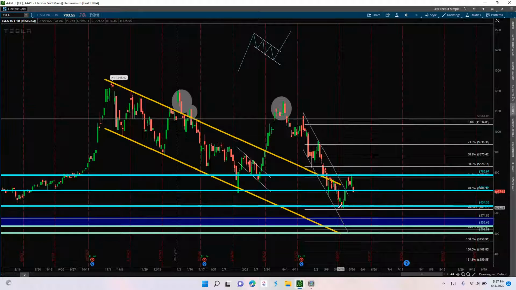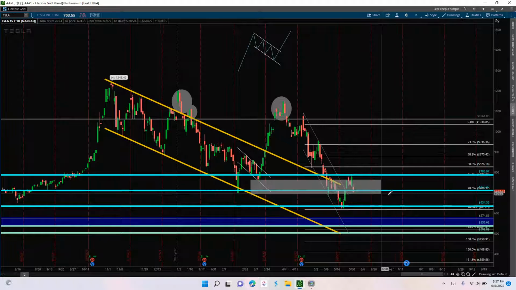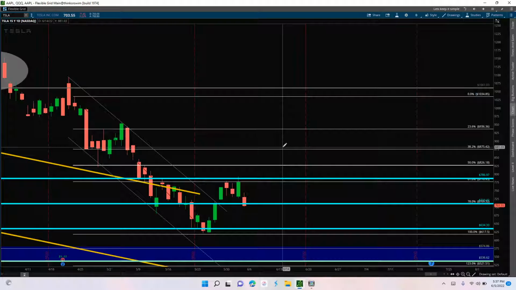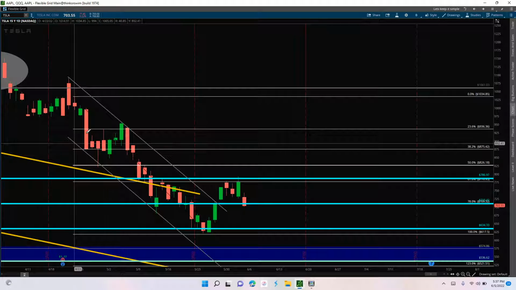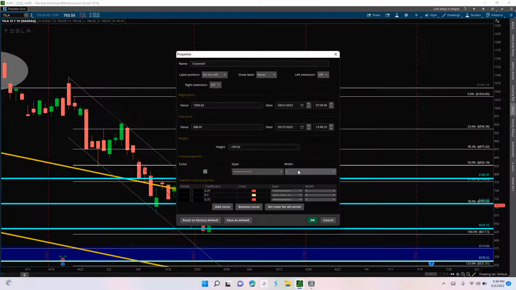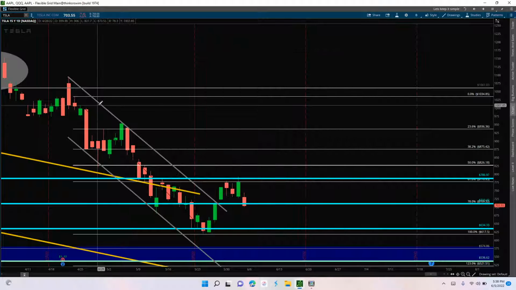Low, lower low. So what are we looking for in Tesla this week? Well, notice how Tesla was trading within this channel right here. Right? This little, let me make it dark. This gray one.